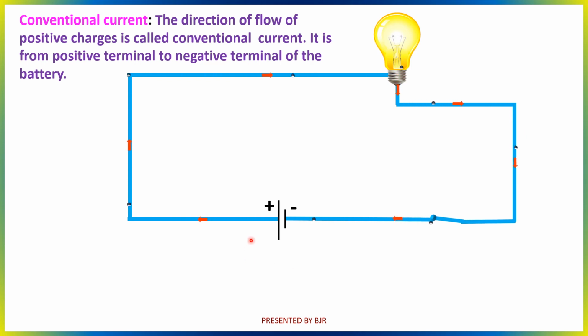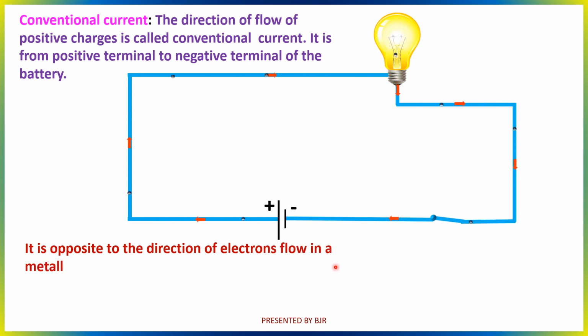That means the direction of the conventional current is opposite to the direction of electron current. It is opposite to the direction of electrons flow in a metallic conductor. Okay, this is all about electron current and conventional current.